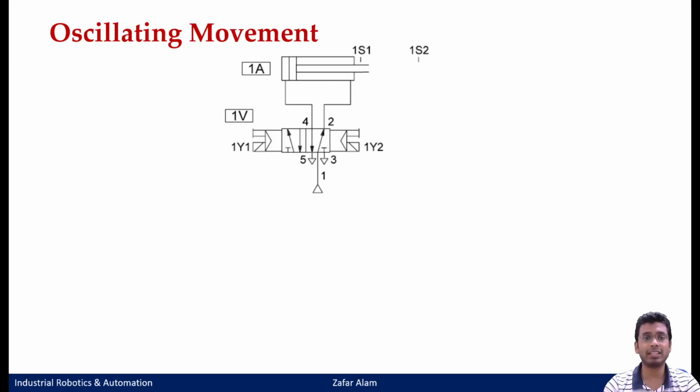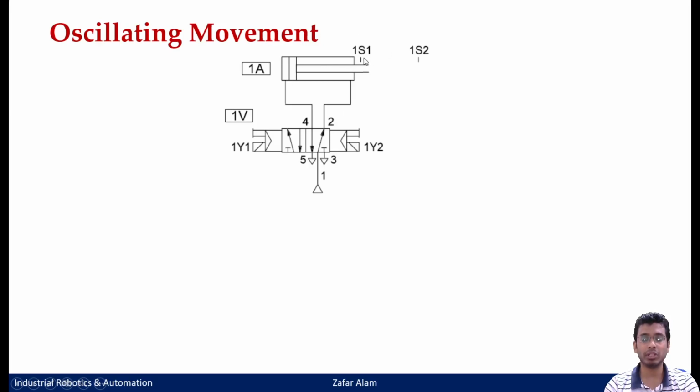Since it is a double acting cylinder, you are having a 5x2 double solenoid valve, and you are going to have one compressed pressure line here. Fine. So that is the pneumatic circuit. However, since it has to oscillate, when it is returning back, it has to again extend. When will it extend? When there is a limit switch to detect its retracted position also.